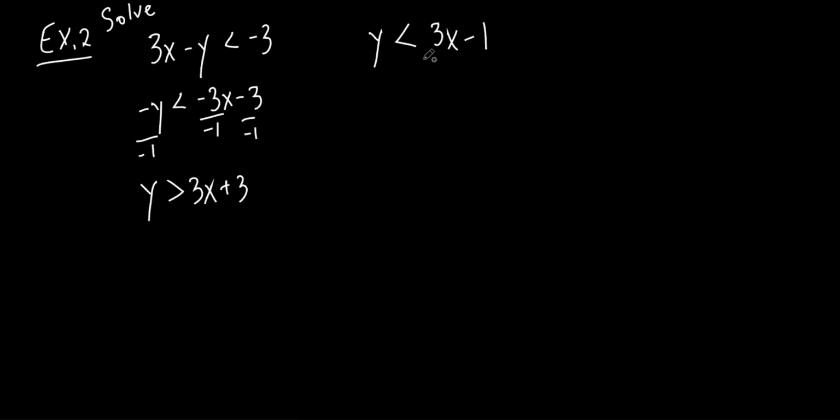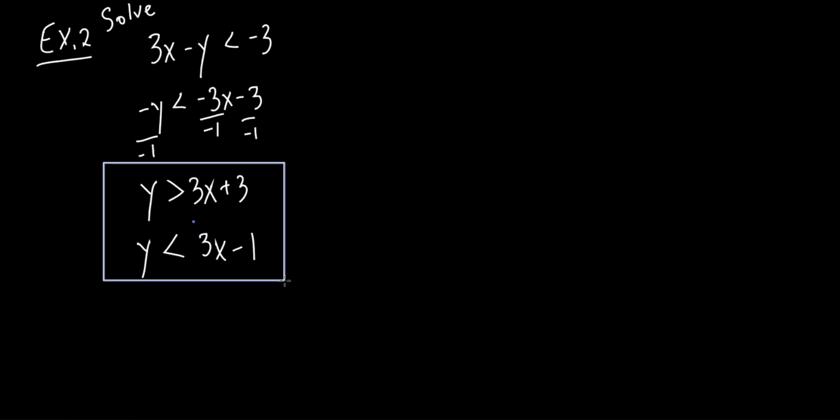All right. So what I'm going to do, let's just put them in boxes. Let's just put them right next to each other, or right below each other. Like that. Okay. So this is what we're going to graph. Right there. Everybody got it? All right.